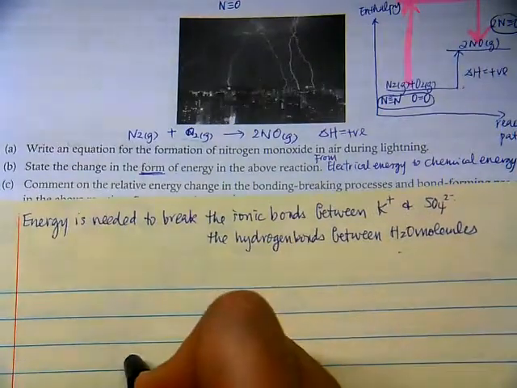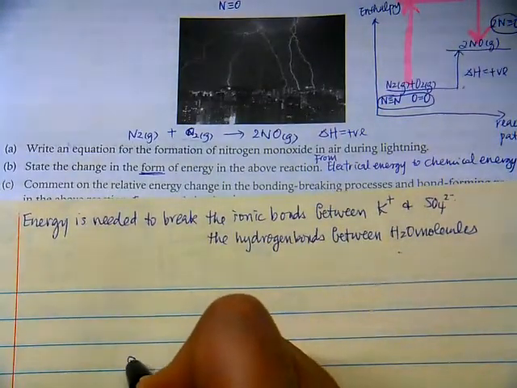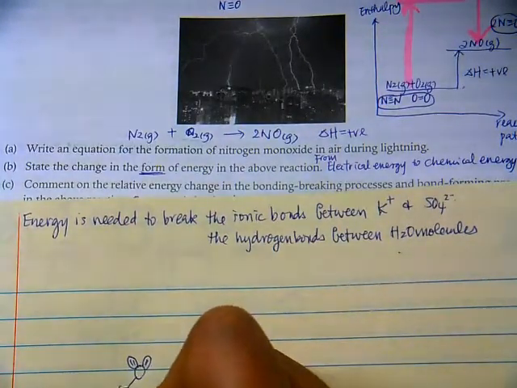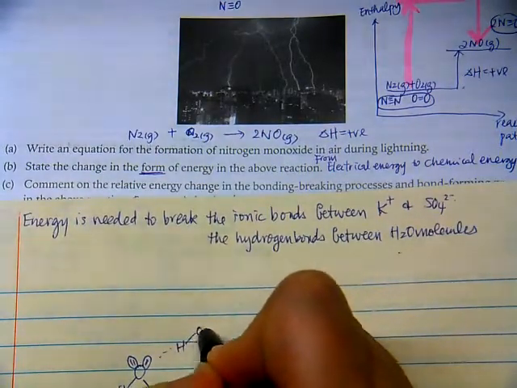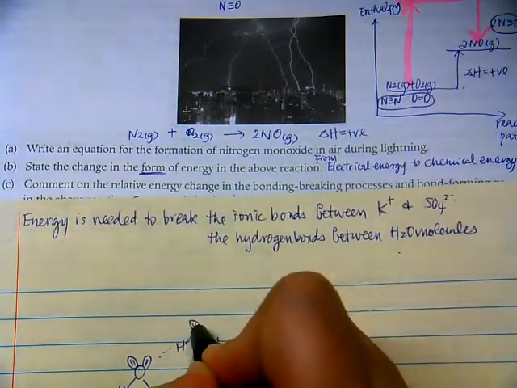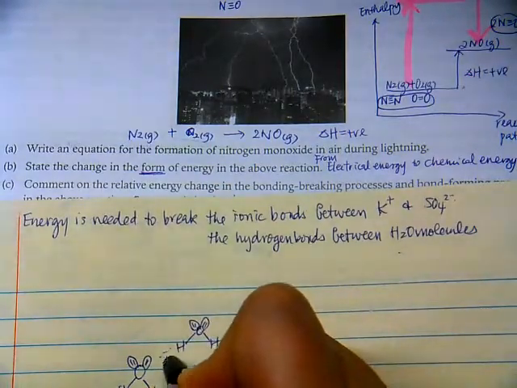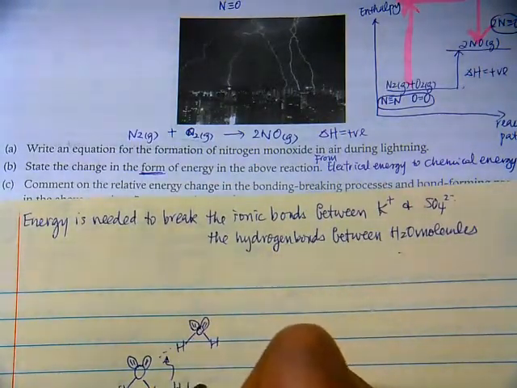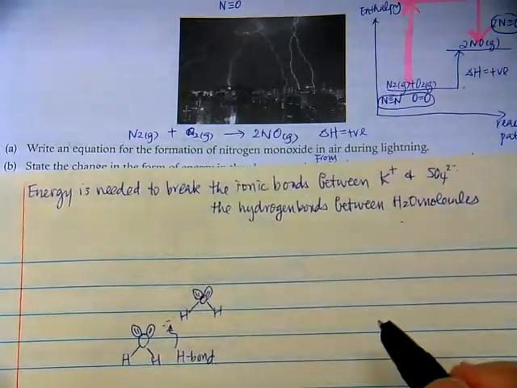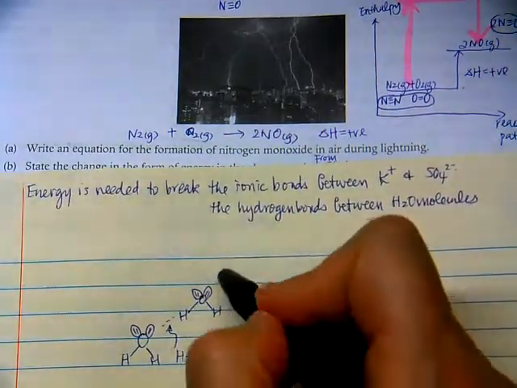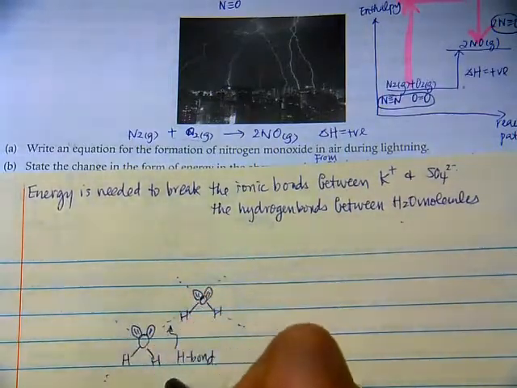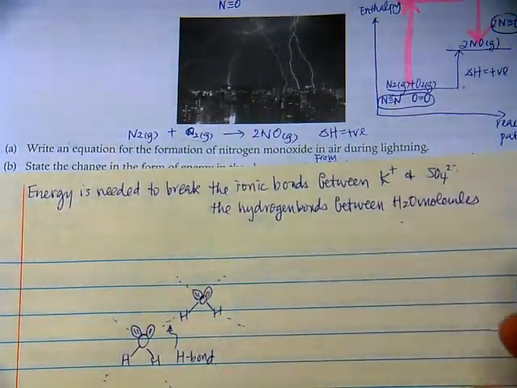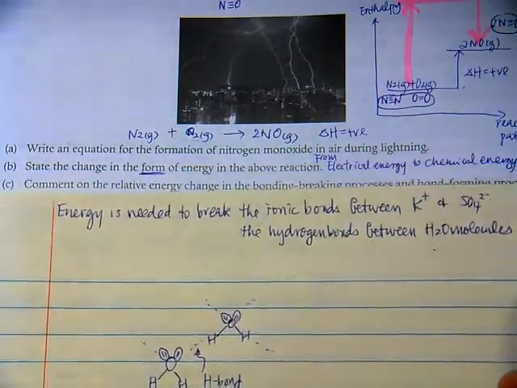For Form 4 students, please try to learn about the water molecule, and that water molecules are attracted by hydrogen bond. I will talk about this later, okay? For Form 5 students, you must be able to mention the presence of hydrogen bonds between water molecules.